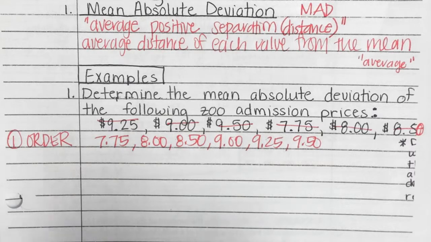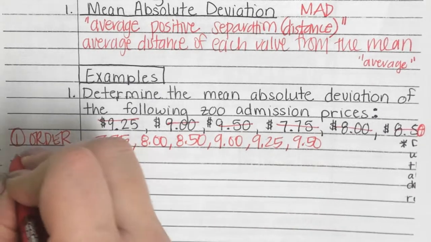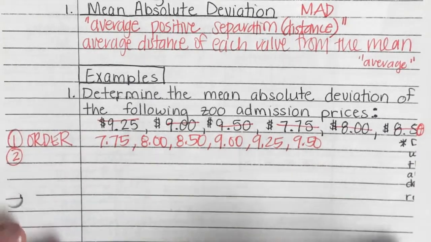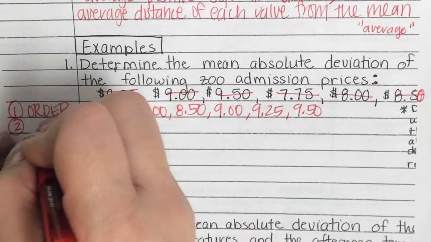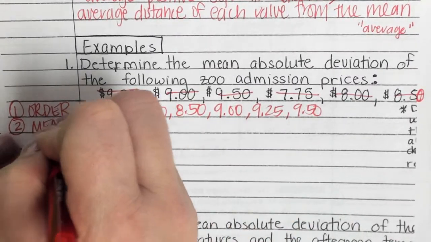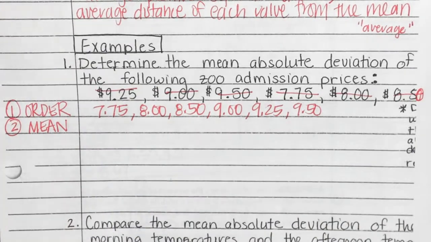We have 6 numbers. So if we're talking about the average distance from the average, what do we have to know? The average. So our second step is to find the mean. How do we find the mean? Add and divide. What are we going to divide by? 6. You got it.